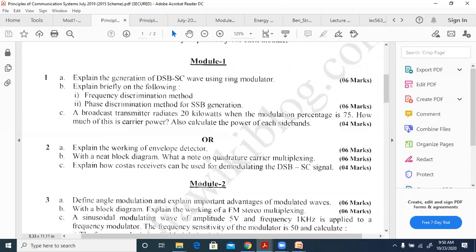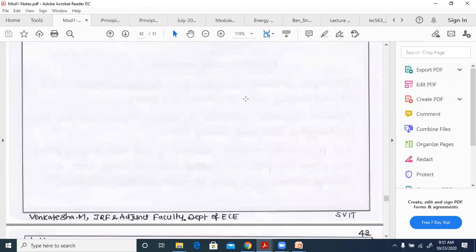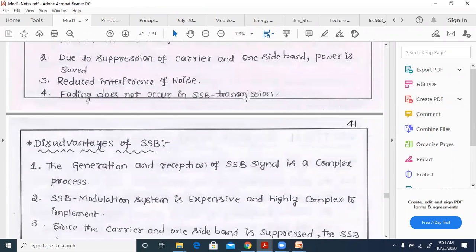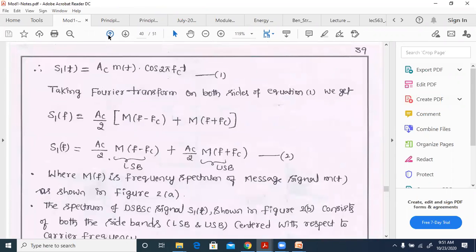Okay, then you have the working of the envelope detector. We have already studied the envelope detector, right? Same thing we just need to explain.